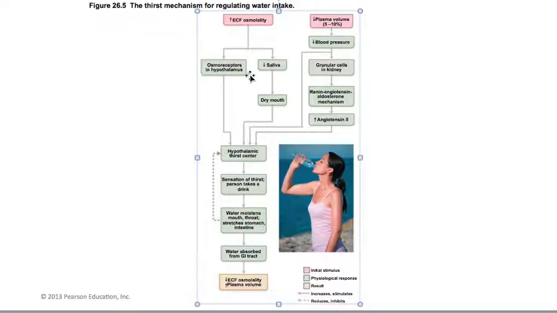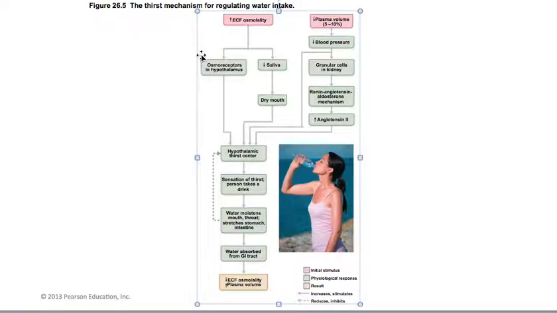These are cells that physically are there to sense changes in osmolality. As we'll see on the next slide, you have physical changes to the size and shape of cells when there's a high tonicity versus low tonicity environment because of the way that water moves. So those cells in the brain change shape, which signals to your thirst center that you probably are thirsty and you need to take a drink.